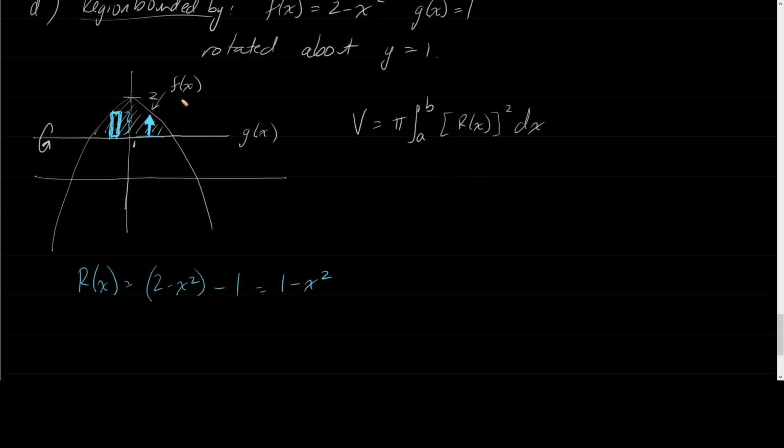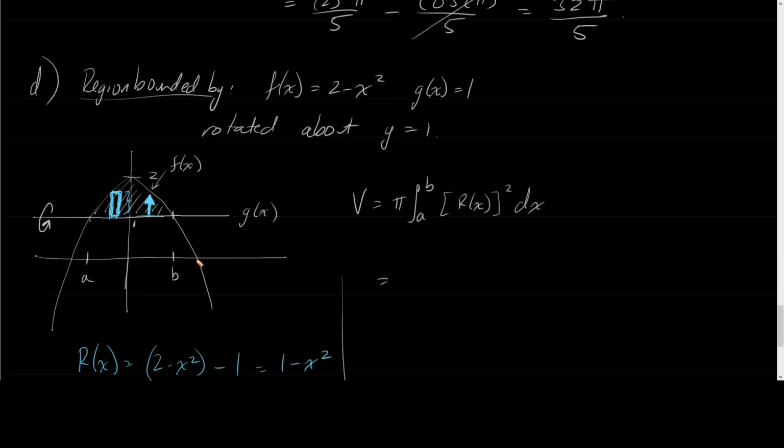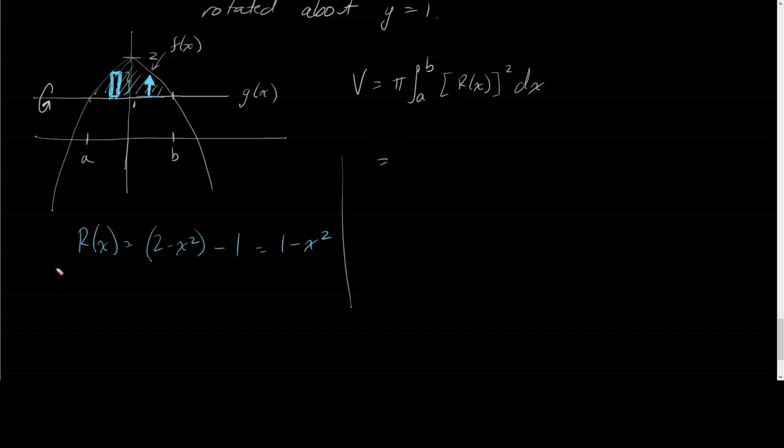So if we're rotating about a different axis that is not the x or y axis, we have to account for that when we're figuring out our radius functions. Now let's figure out what a and b are, because that is this point and this point. How do we figure those out? Well, we need to set these two functions equal to each other. So 2 minus x squared is equal to 1.